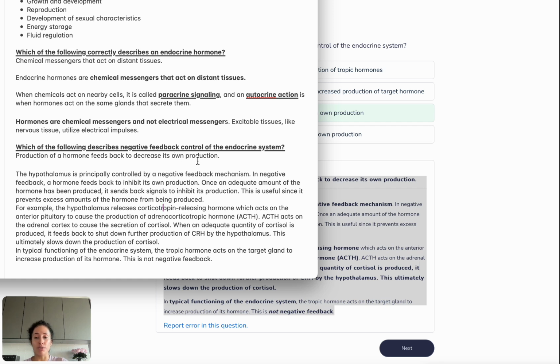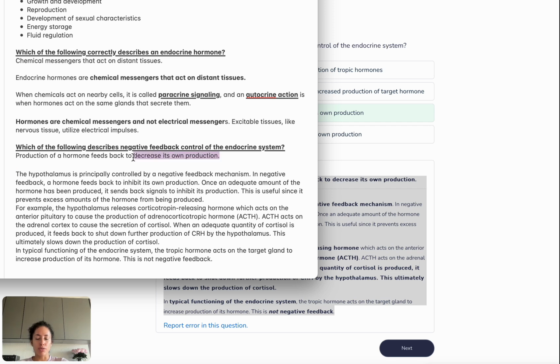I'm going to need to read that one more time. Production of a hormone feeds back to decrease its own production. Basically, okay.